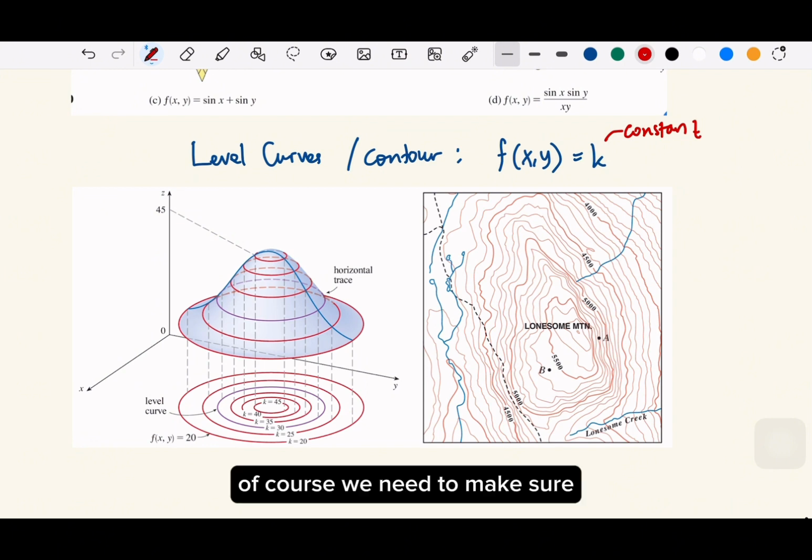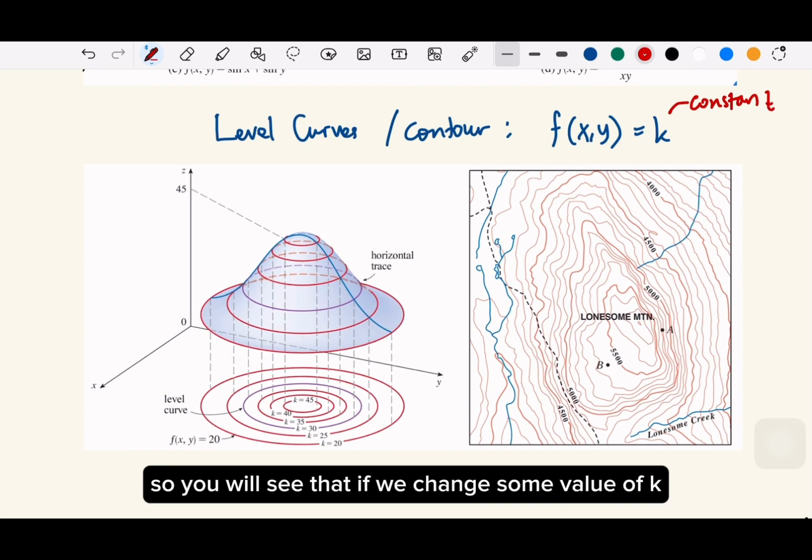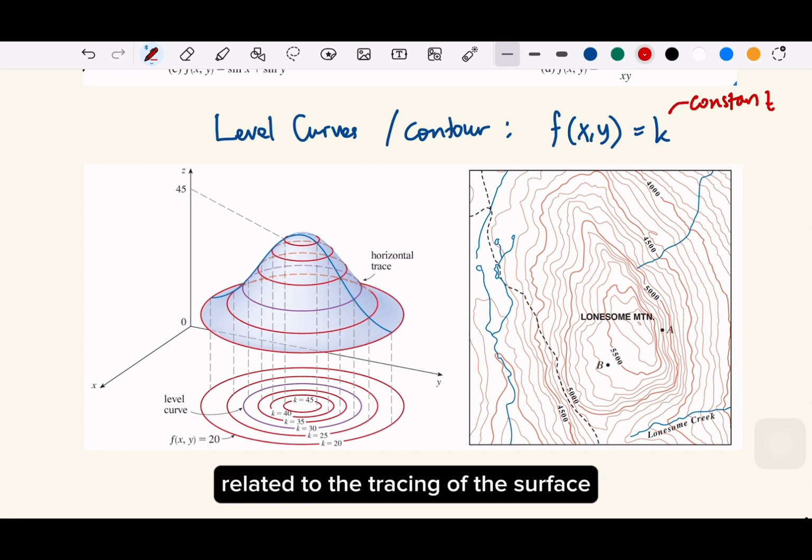Of course, we need to make sure that k is also in the range of f. If we change the value of k, you will see that it is also related to the tracing of the surface, how the surface looks.